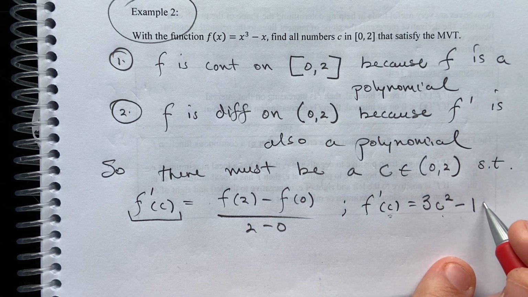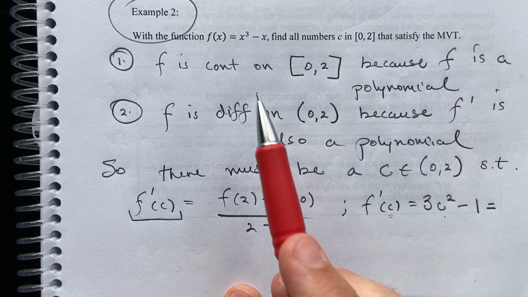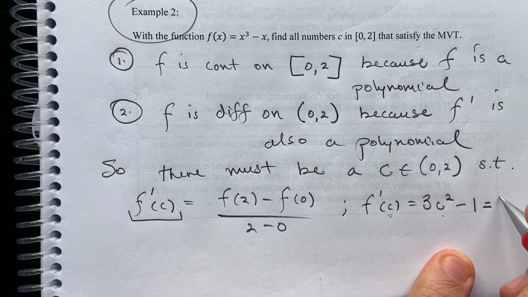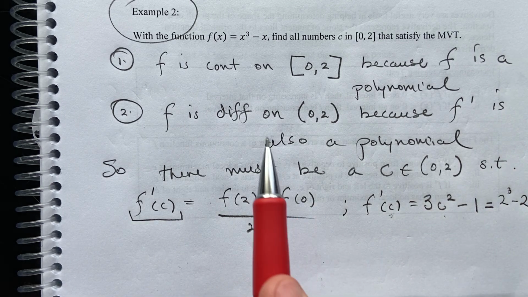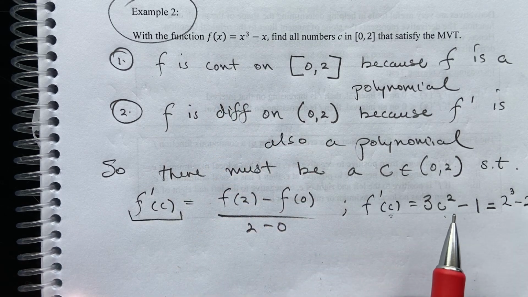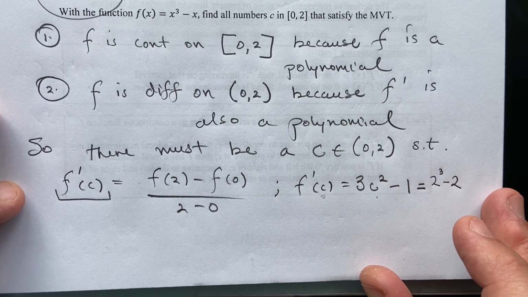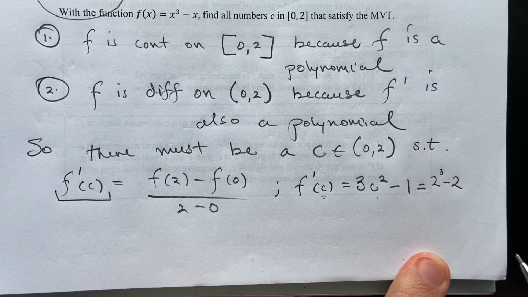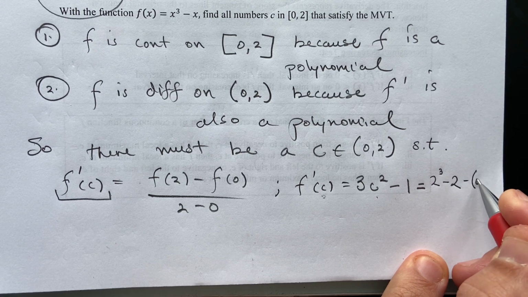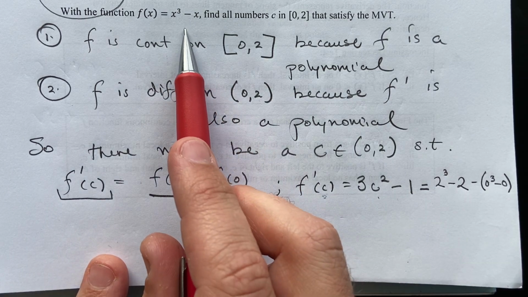On the right, this should be equal to, now I'll take 2 and I'll plug that into the function. So I have 2 cubed minus 2, right? That's the function evaluated at 2. In other words, f of 2, this part. So I have 2 cubed minus 2, and then I'll have minus 0 cubed minus 0, right? Plugging in the 0 now to the function.